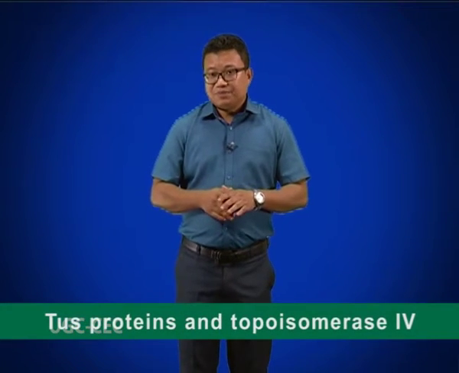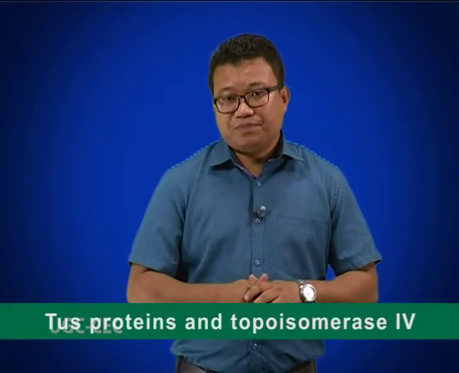The next enzymes that are important in the termination of replication are the Tus protein and topoisomerase 4. During termination of replication, there is a requirement to block DNA synthesis in one of the replication forks in the bidirectional replication. The Ter sequences, which are around 20 base pairs long, are arranged in the chromosome to create a trap that a replication fork can enter but cannot leave.